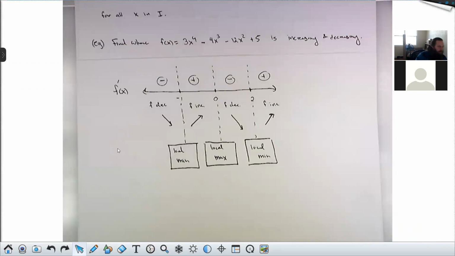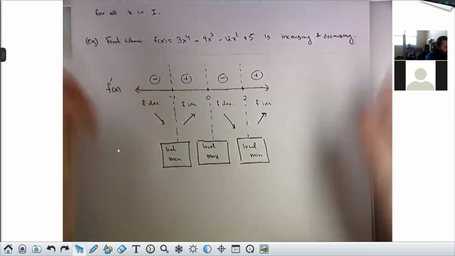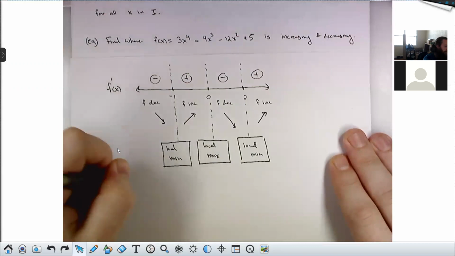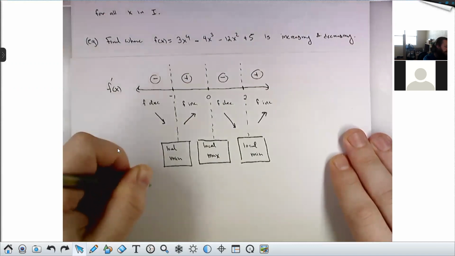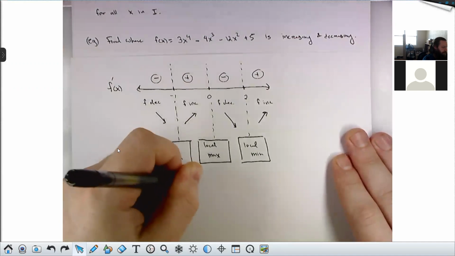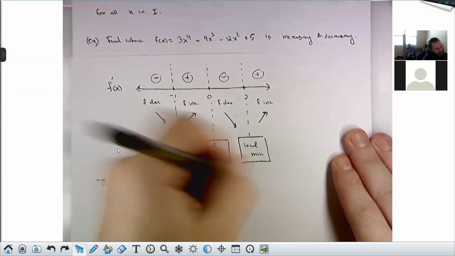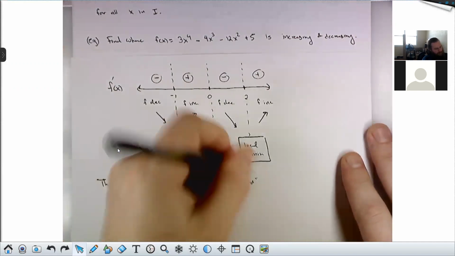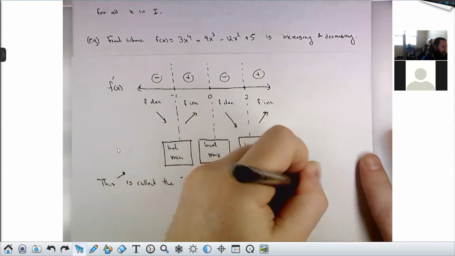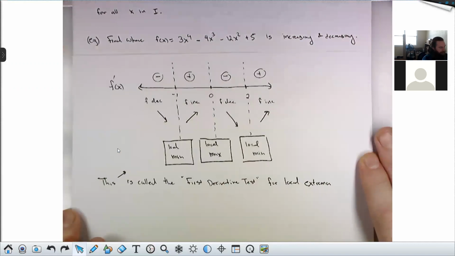So this is called the first derivative test for local extrema. And I'll state it as a theorem.